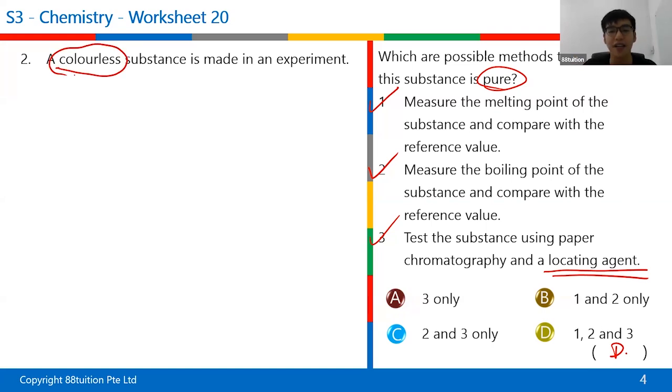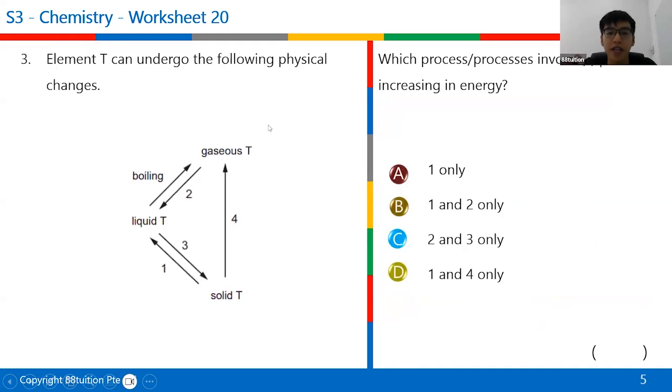If you dot it on the paper chromatogram and it rises, you cannot see it because it's colorless. The locating agent is a colored substance that helps you to identify where your spot is. Otherwise you will not see anything on the paper. So the keyword is visibility, to make a spot visible. Those two were the experimental chemistry questions.